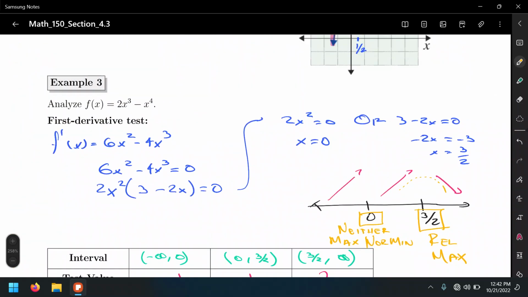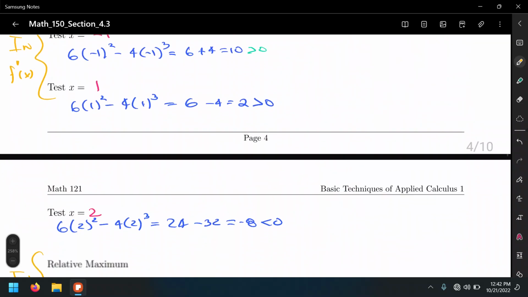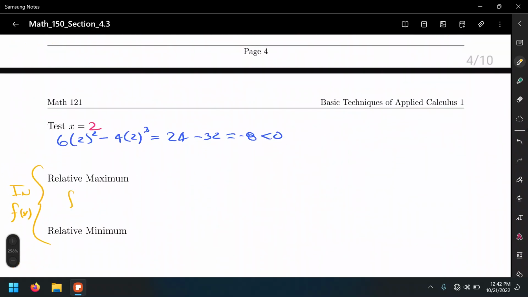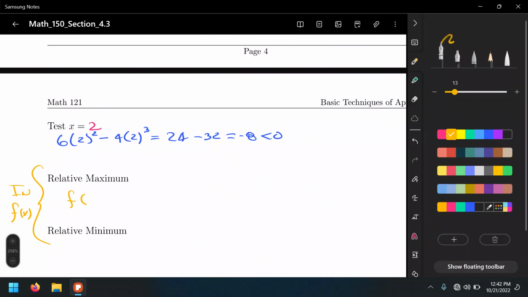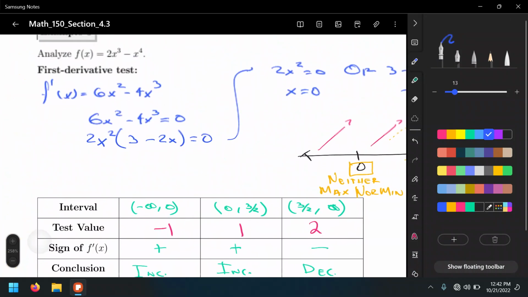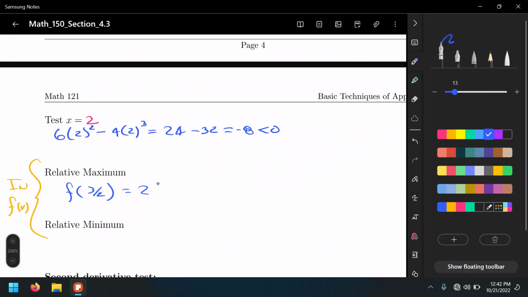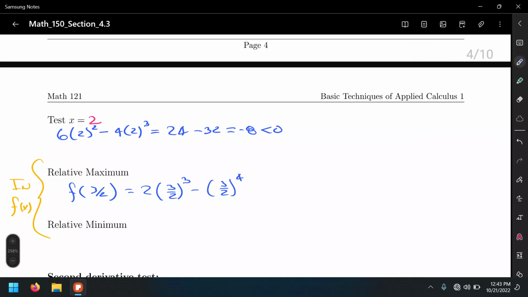Okay, what's the original function? f of 3/2 equals 2x cubed, so 2 times 3/2 cubed minus 3/2 to the 4th rather. Okay, actually let me do this one in the calculator.